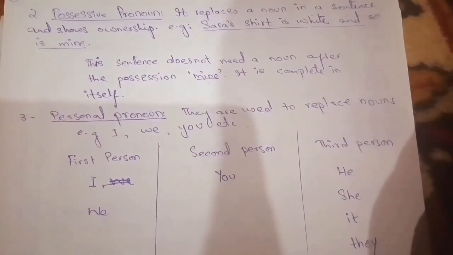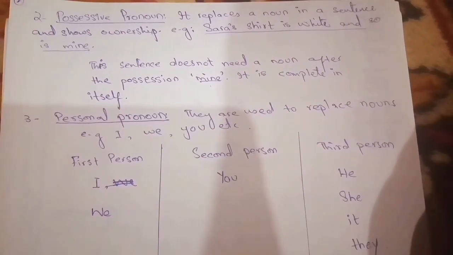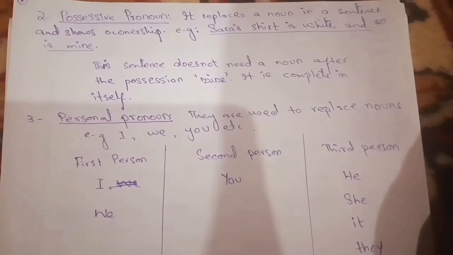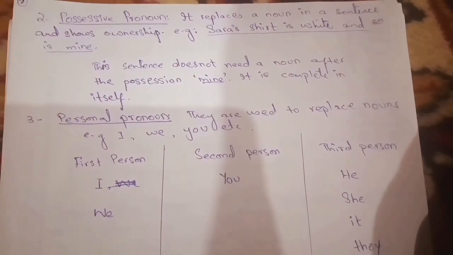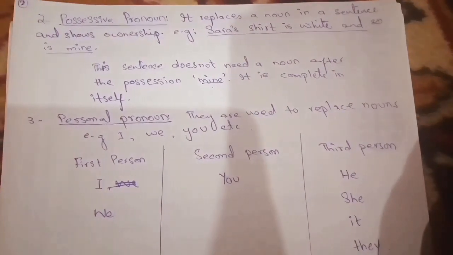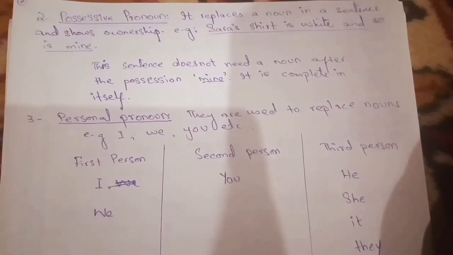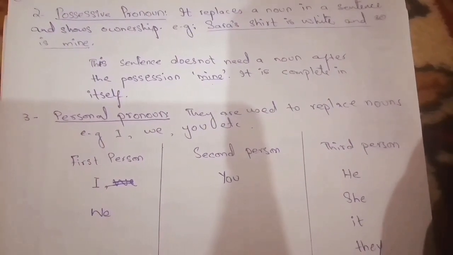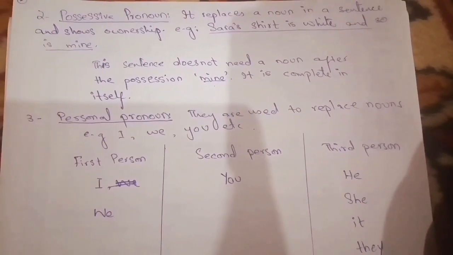For instance, Sarah's shirt is white and so is mine. Over here, where is the possession? Where is the property? The word mine shows the possession in this sentence. See, there is no noun after the word mine.